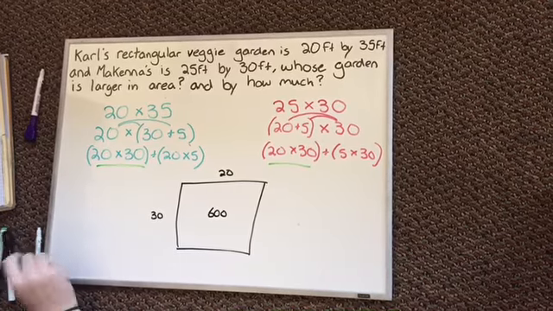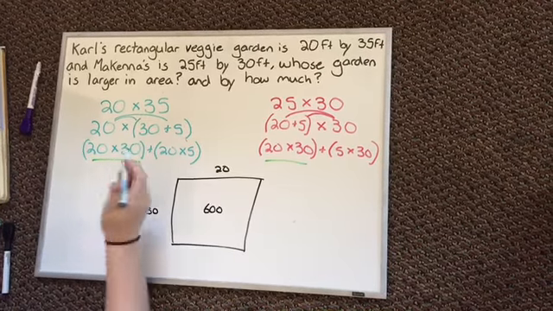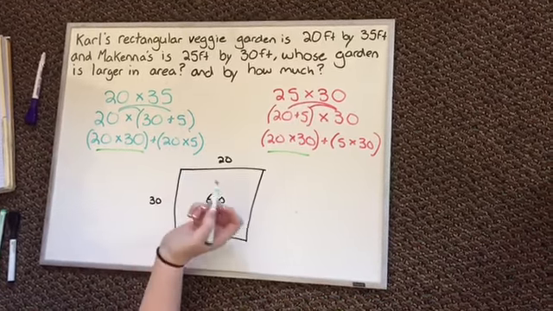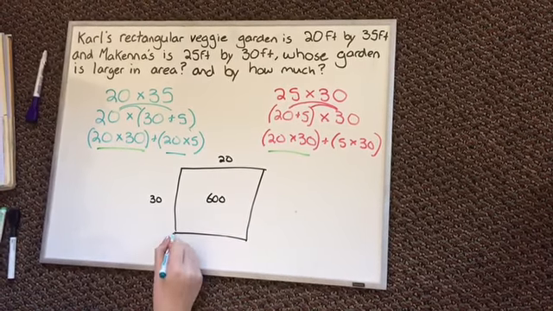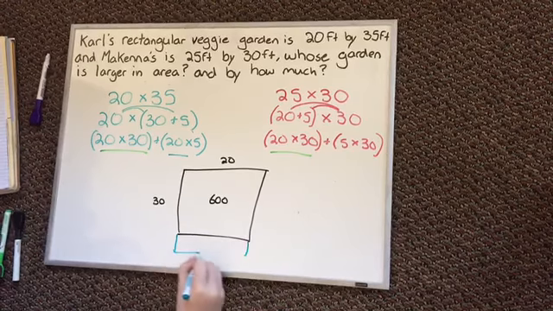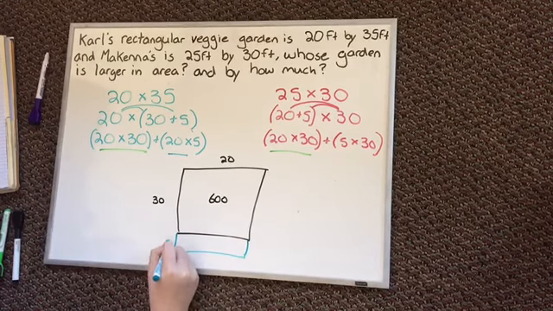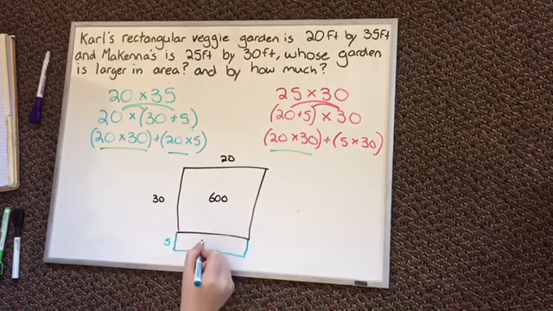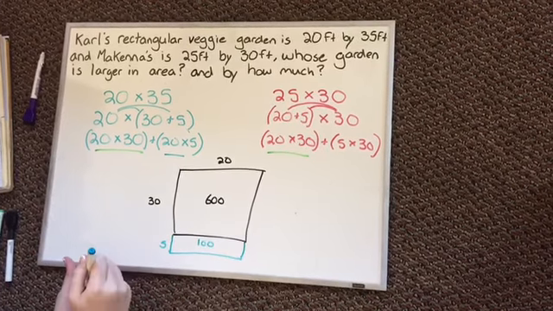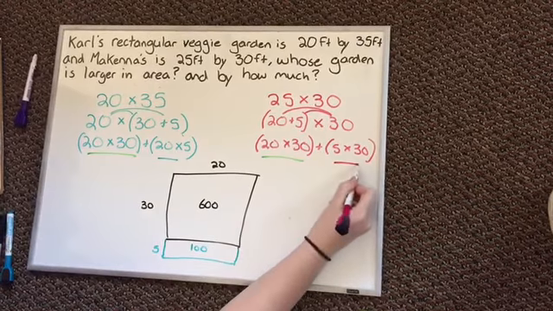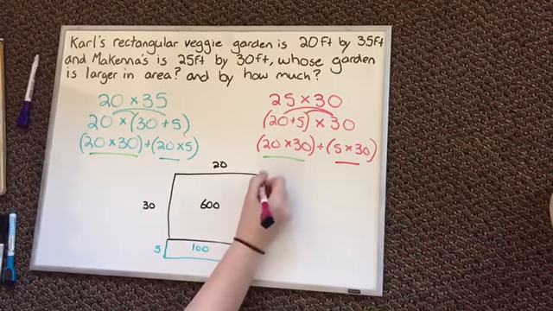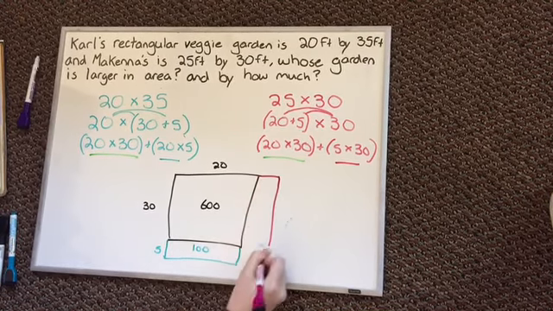So now we're going to look at the rest of it. So right here in Carl's, our remaining part is 20 by 5. So if this is 20, then we'll add a 5 here. And that 20 by 5 gives us 100. Now for McKenna's, we have 5 by 30. So if this is 30, we'll add 5 here.